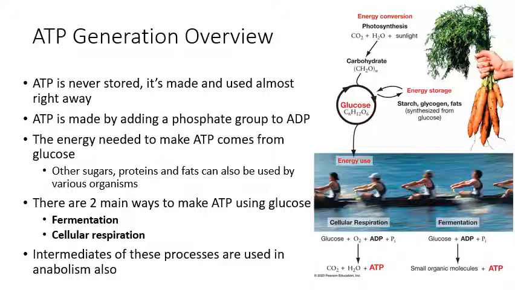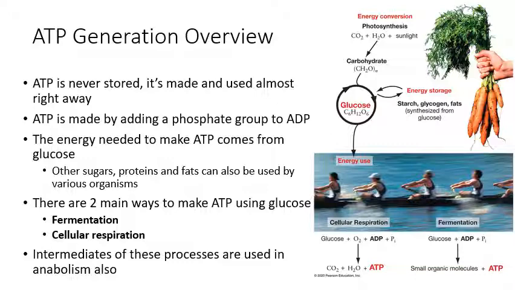Then when you use the ATP, you just take off that last phosphate group and you get back ADP. So you have this pool of ADP that's cycling back and forth between ATP and ADP. Adding that extra phosphate group to ADP to get back to ATP costs a lot of energy.